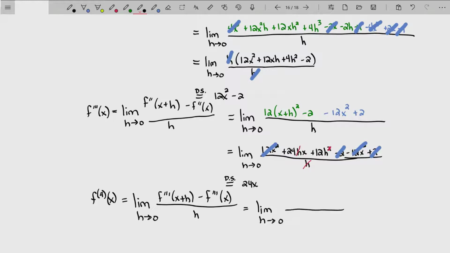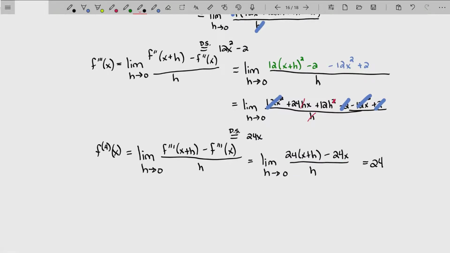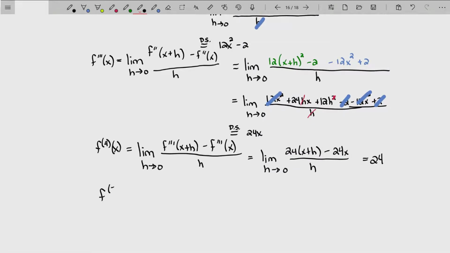Take that third derivative we just found, plug in x plus h, subtract off the third derivative evaluated at x, and divide all that by h. You'll see that 24x cancels with 24x, and the h's will cancel, and this will be 24. I'll let you kind of investigate that, but it is true. And now, the fifth derivative.